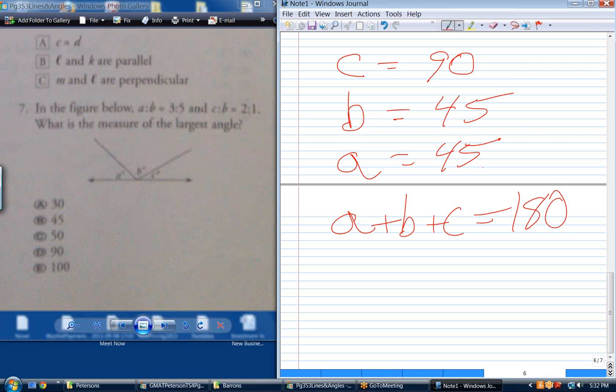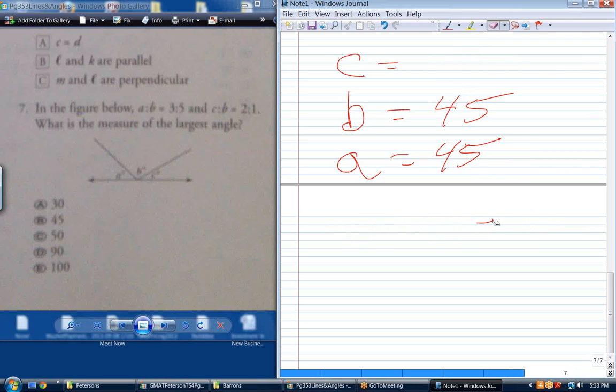No, because A has to be smaller than B. So B is going to have to be bigger, which means the largest angle needs to be smaller. No, it means the largest angle would have to be bigger. Oh, yeah, sorry.